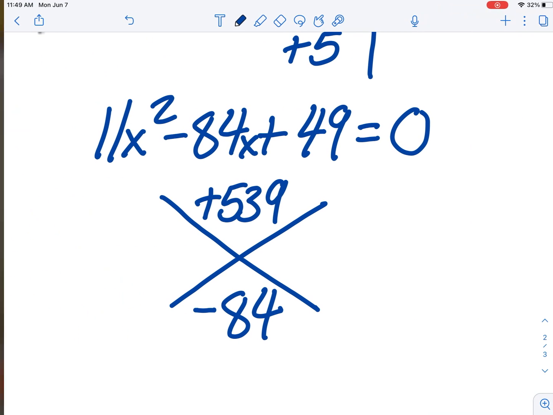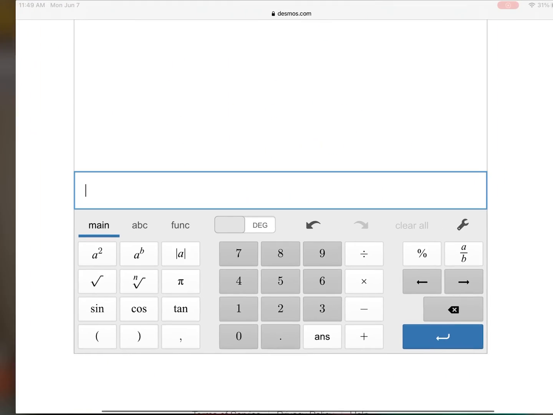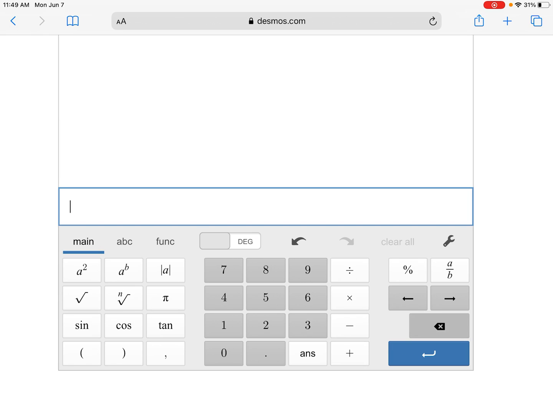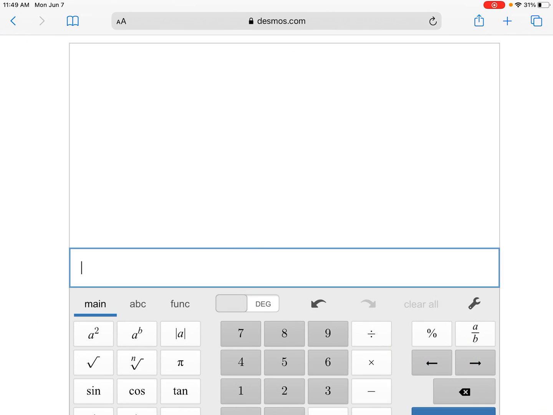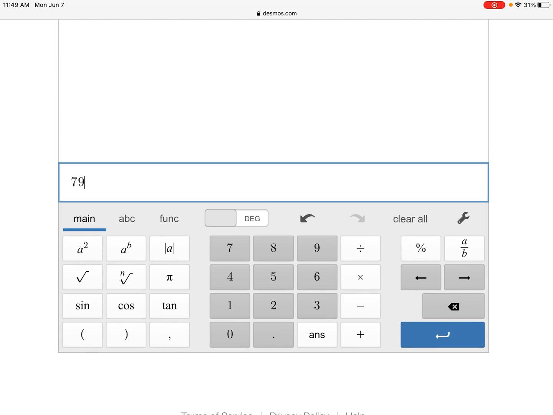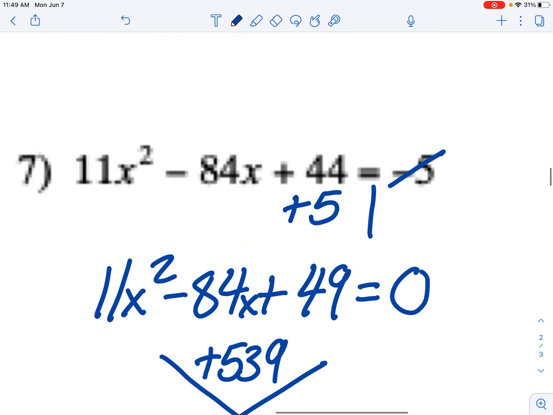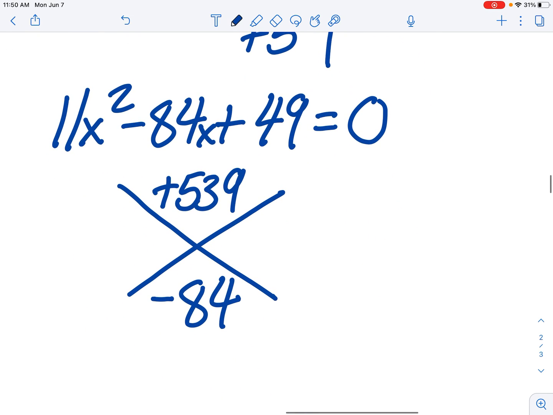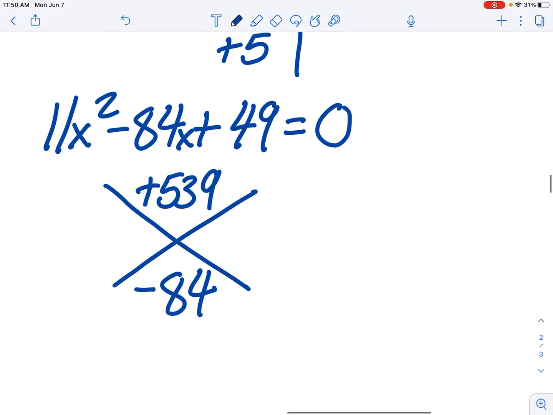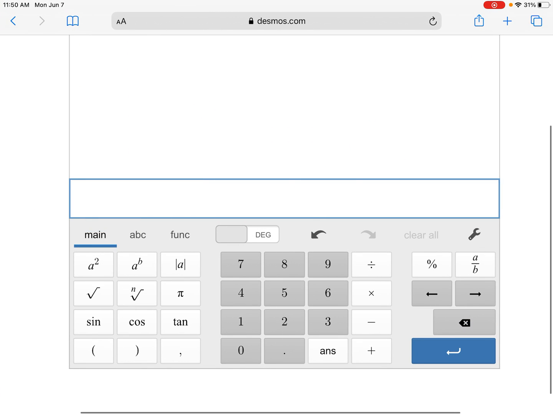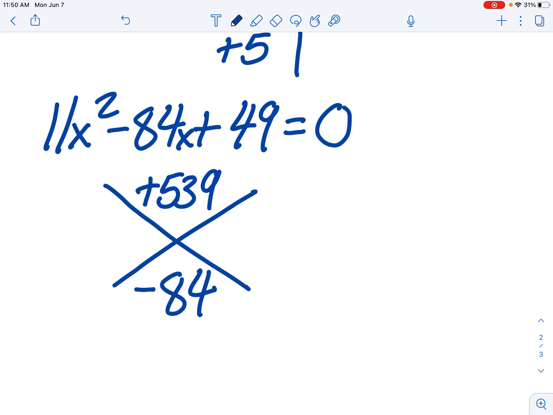No. Okay. Let's see. 539. 79 times 5. No, we already did that, right? 79 times 5 is 395. Okay. So let's try some other combinations.